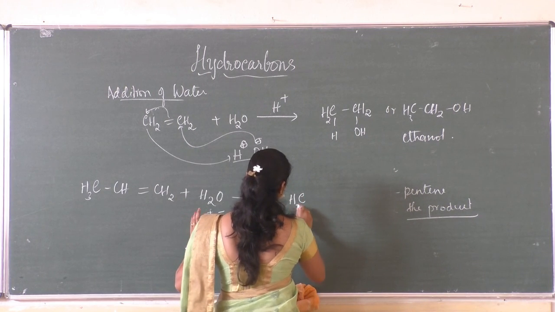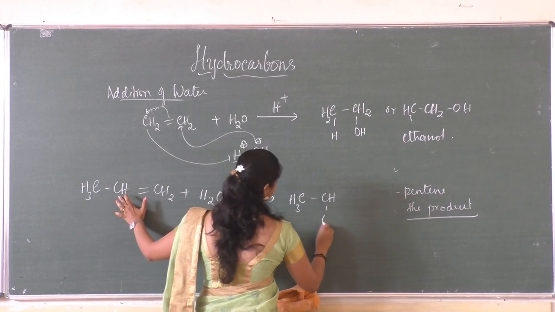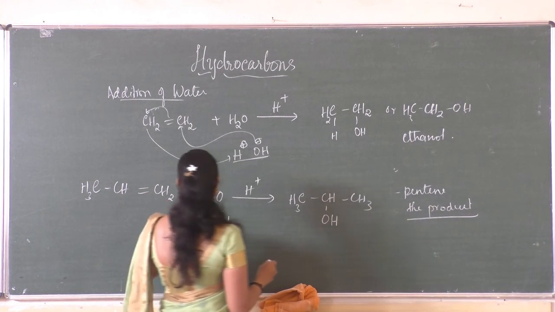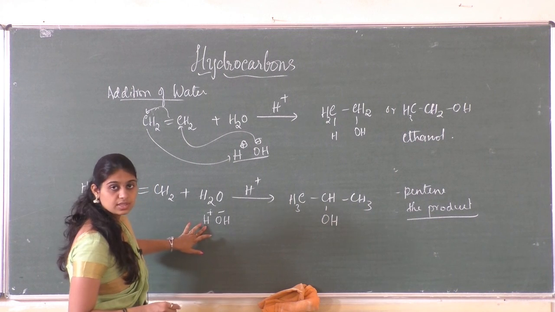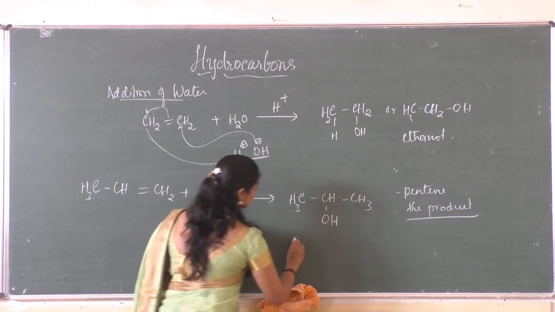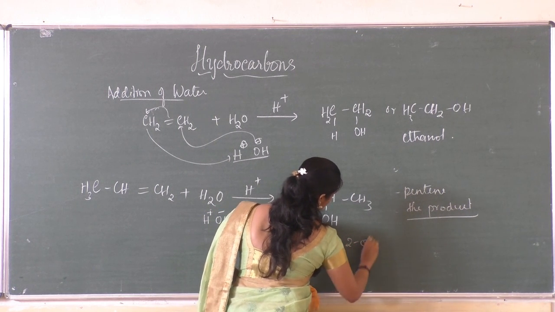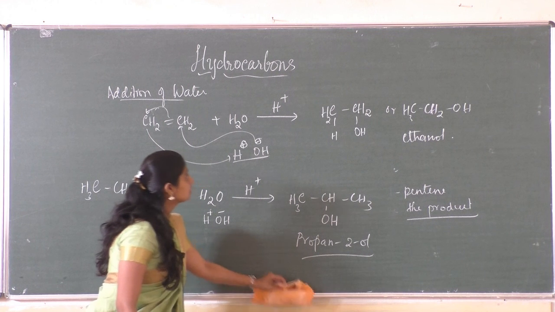So it is CH3, then the negative part attached to the carbon which has the least number of hydrogens, so OH, and then CH2 becomes, by the addition of H plus, CH3. CH2, one hydrogen gets added, so it becomes CH3. So it is propan-2-ol. So this is the reaction.